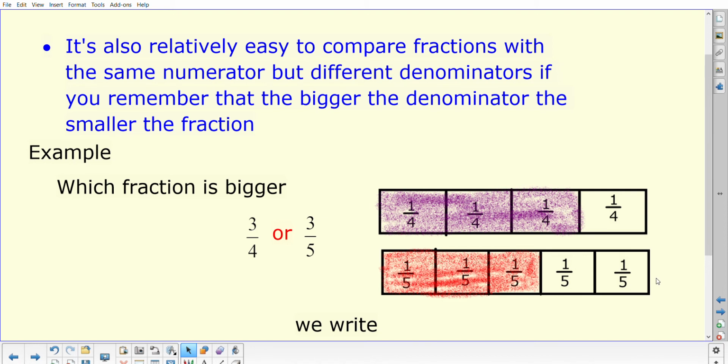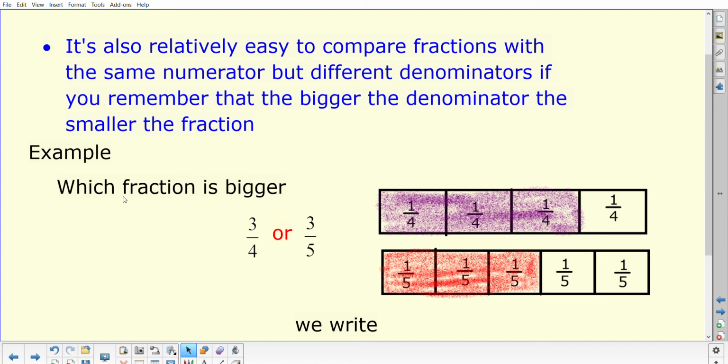Take the same bar of chocolate, divide it up into 5 equal pieces, each piece therefore being a fifth, and a bigger number on the bottom of the fraction means that it is actually a smaller fraction. So a fifth, even though 5 is a bigger number than 4, in fraction terms, a quarter is a bigger fraction than a fifth.